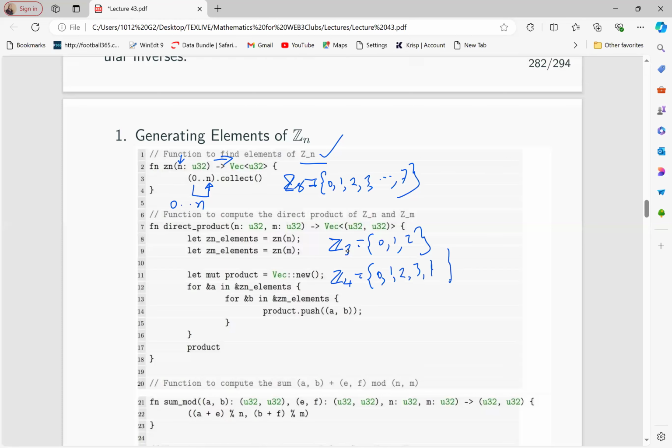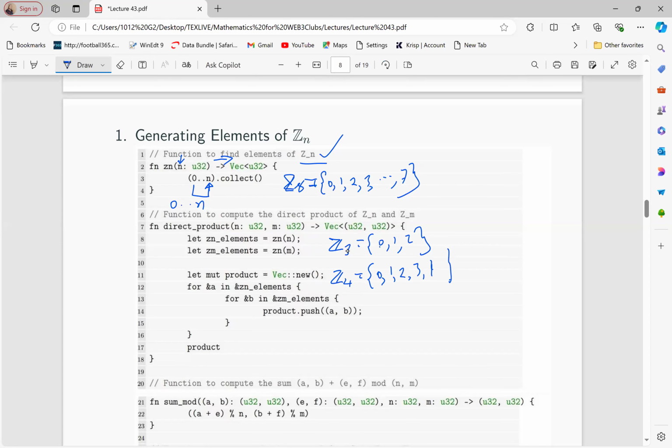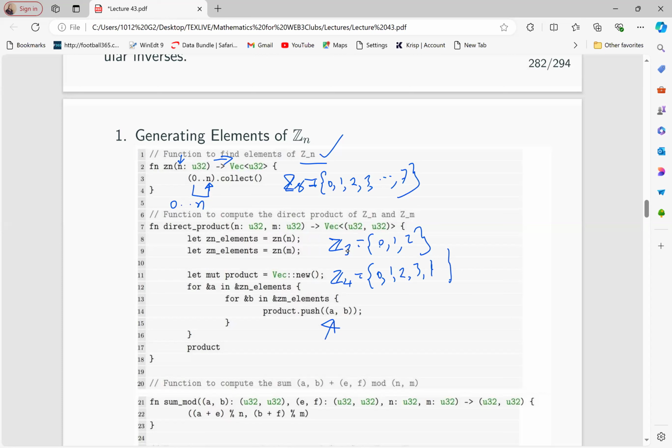So it's just combining 0 and each of these elements and then pushing into that vector.